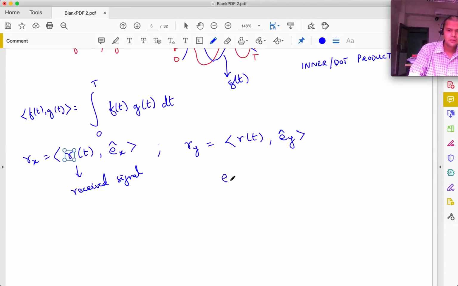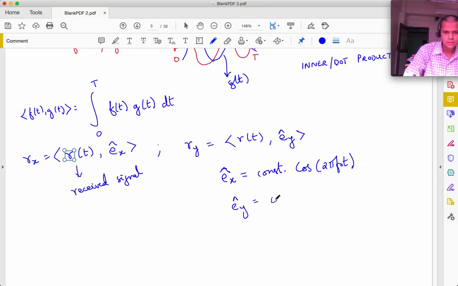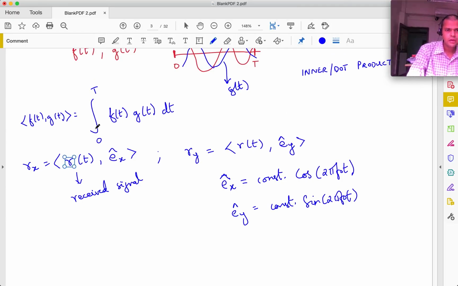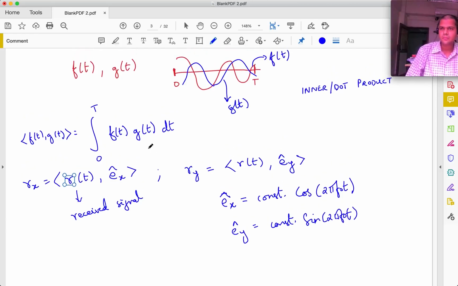We know that Ex is just some constant times the cosine, and Ey is some constant times the sine. The question is what this constant is; we'll look at that in a minute. Essentially you are going to evaluate this integral in order to get the x and y components.